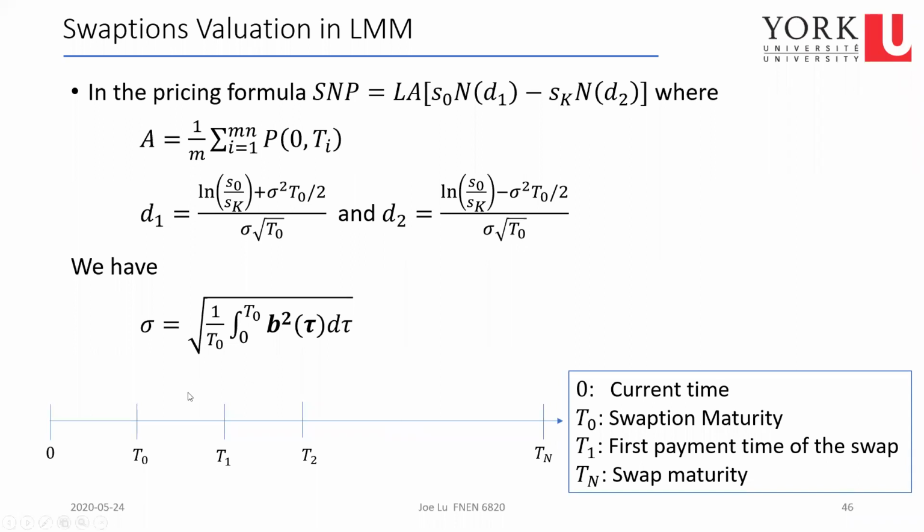So this basically allows us to utilize the flexibility of the LIBOR market model, yet we still end up with a closed form solution that allows us to calculate swaption prices relatively easily.